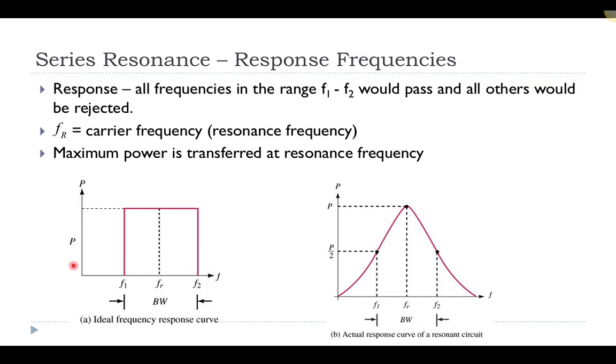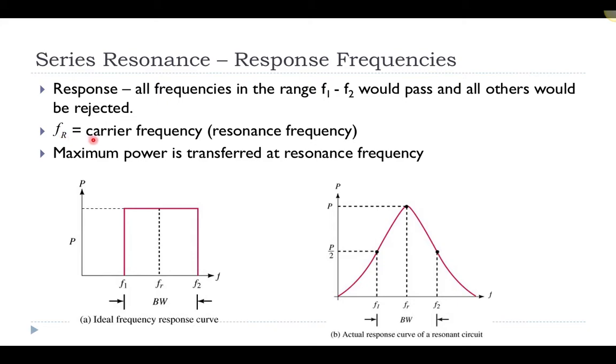In a perfect world, here would be our resonance frequency, and then we would have a lower frequency and a higher frequency, and anything in that range we would pick up in our circuit with the same amount of power. This is an ideal frequency response curve.